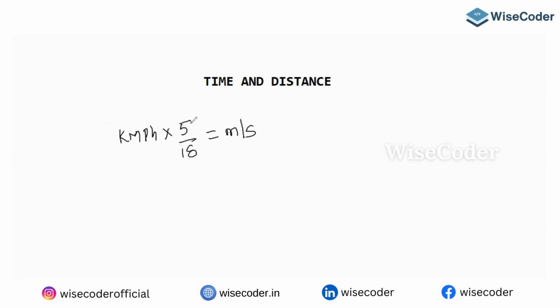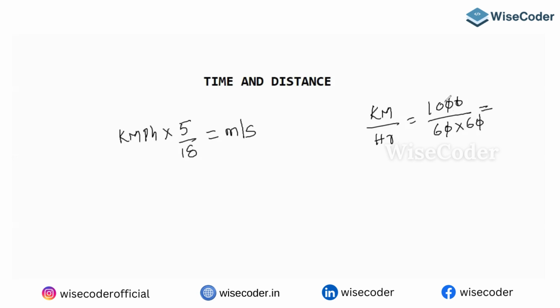Why are we multiplying with 5 by 18 only? Because kilometer per hour: a kilometer consists of 1000 meters, and an hour consists of 60 minutes. If I want to convert them into seconds, 3600 seconds. Zeros cancel, zeros cancel.